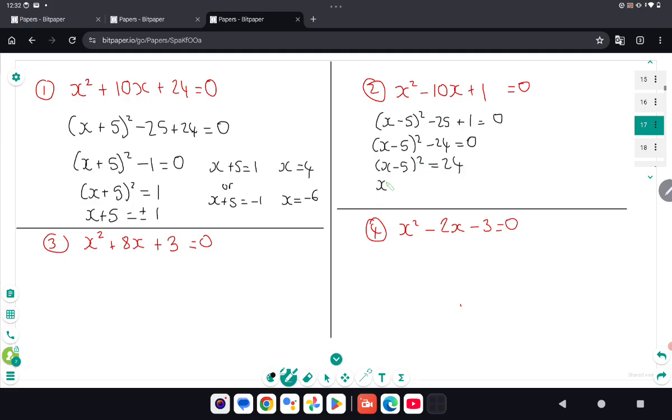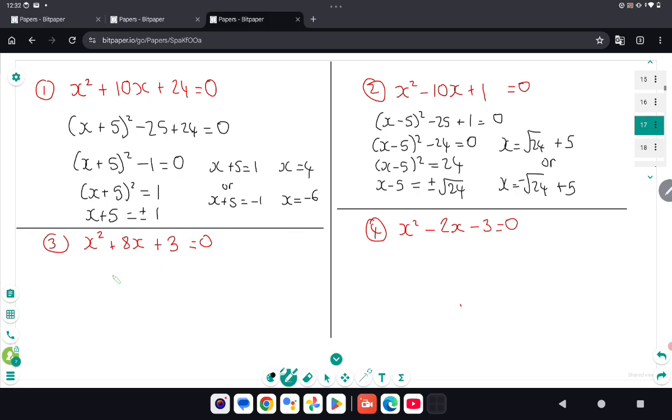Square root both sides. 24 is not a perfect square, so we just have positive or negative root 24. You can simplify that surd, but I'm just going to leave it as it is. Add 5 to both sides, which gives us either x is equal to root 24 plus 5, or x is equal to negative root 24 plus 5. There are our two solutions.